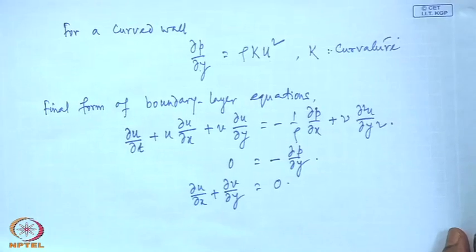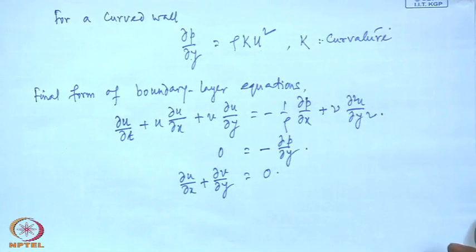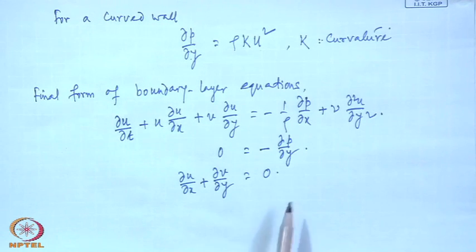So, these are the boundary layer equations. If you look at the equations compared to the full Navier-Stokes equations, they are definitely much simpler. Compared to the original Navier-Stokes equations, these equations are definitely simpler.